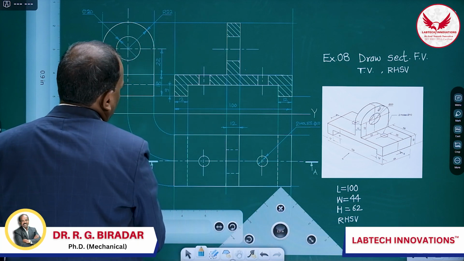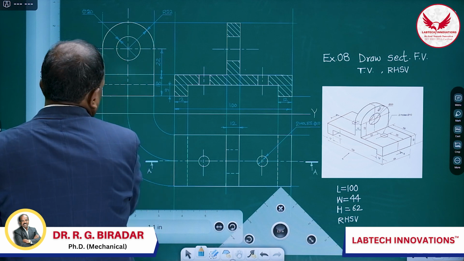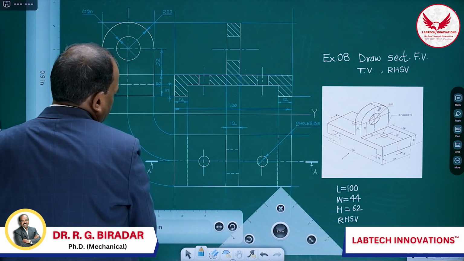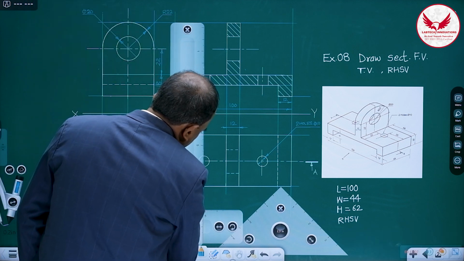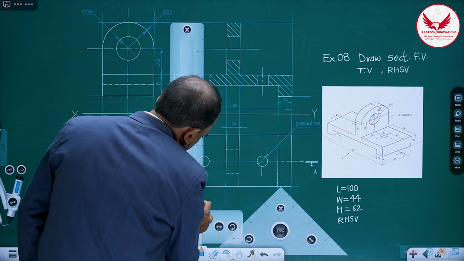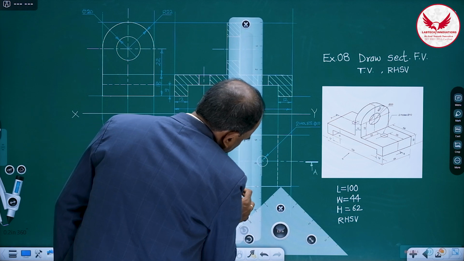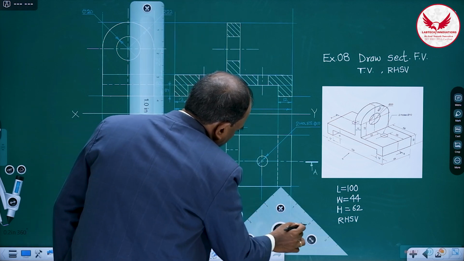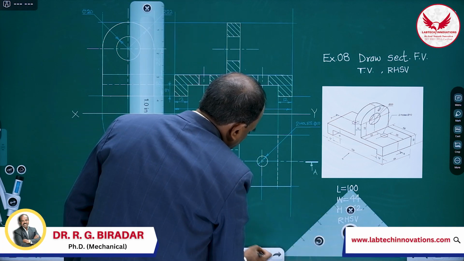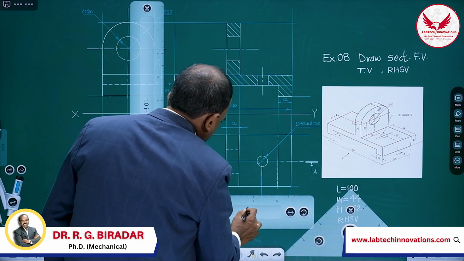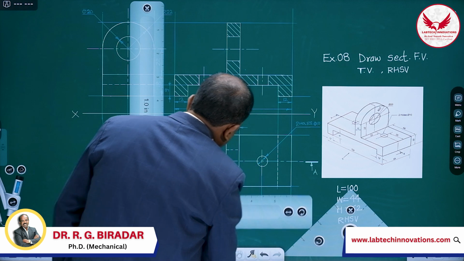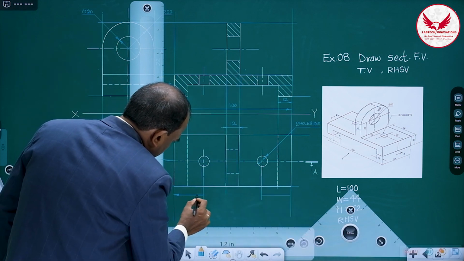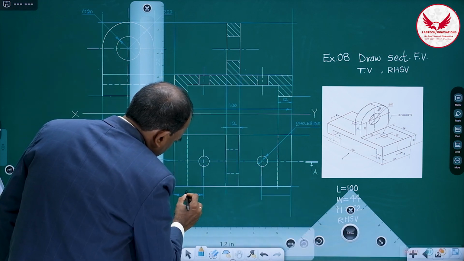So 2 are remaining, those also we will give. Which are remaining? The distances of these holes. So this is 25.